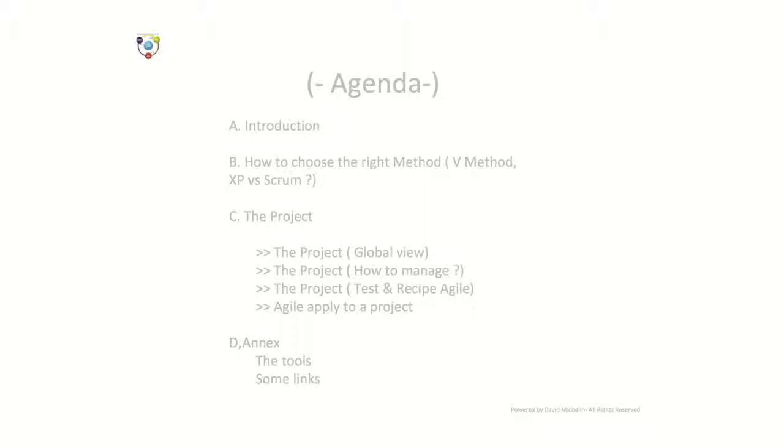And at the end, we're going to see together some tips to work with Agile in different kinds of ways. At the end of this session, you're going to learn what Agile is in a global way, and you're going to be able to apply it to your own team, your own crew, and your own project.